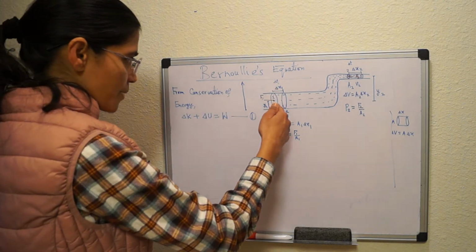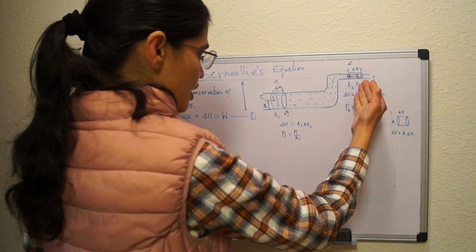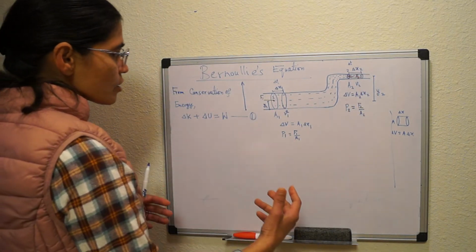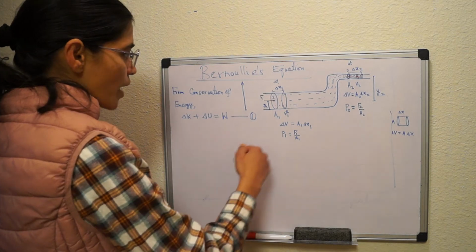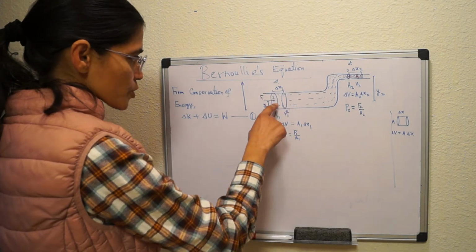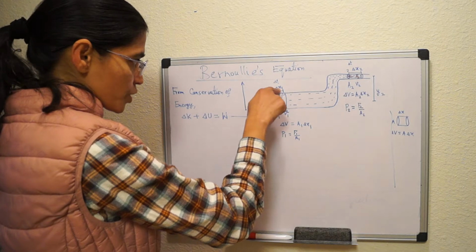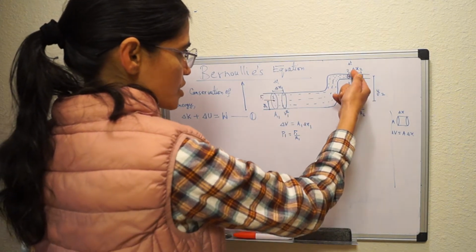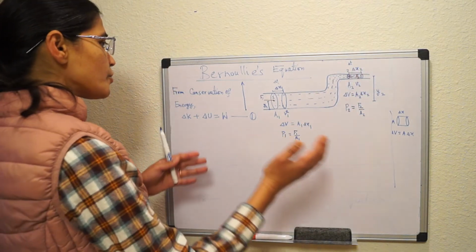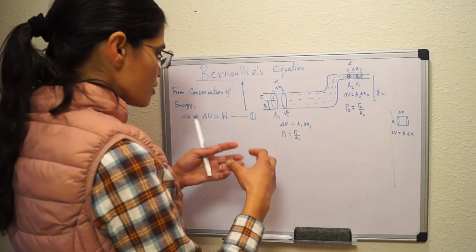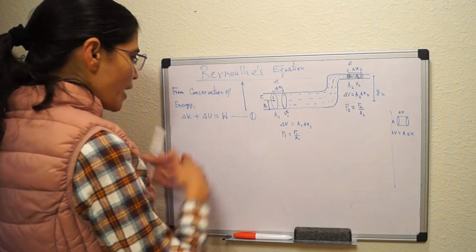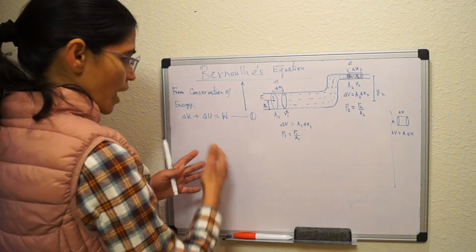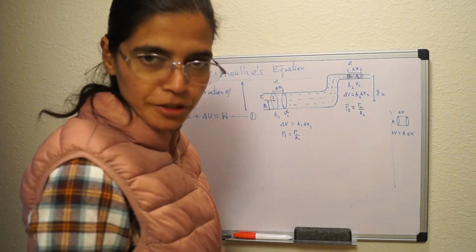Find the potential energy at point 1, find the potential energy at point 2, find the total change in potential energy, and we'll also find the work done when the fluid was moving through the distance delta x1, and also the work done when the fluid was moving through the distance delta x2. And then we add those to find the total work done W. And then whatever expression we get, we are going to put it back into equation 1 and just rearrange it to get Bernoulli's equation, okay?